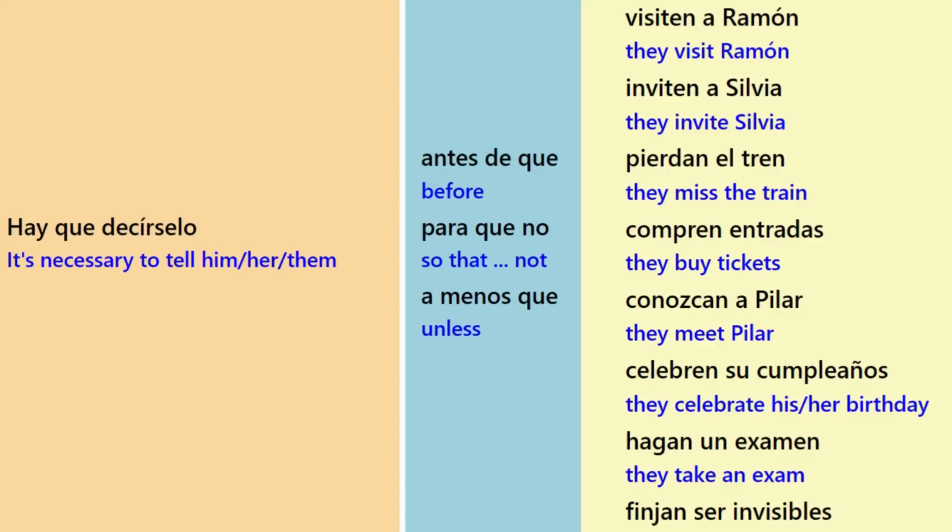Hay que decírselo para que no pierda el tren. You need to tell him before he does an exam. Hay que decírselo antes de que haga un examen.